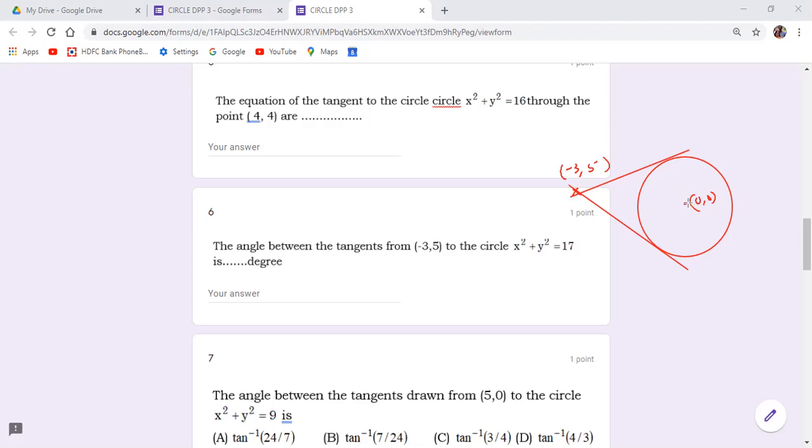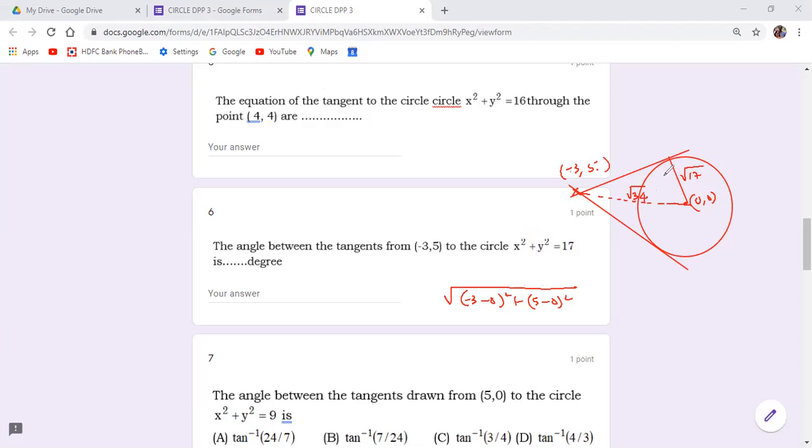What is the radius of the circle? √17. What is the distance from here till here? 3 and 5, no? So root of minus 3 square plus 5 square. You can directly write 25 plus 9, √34.